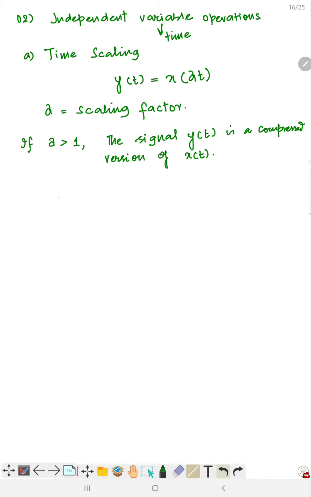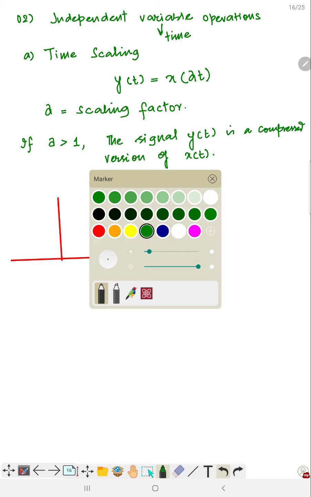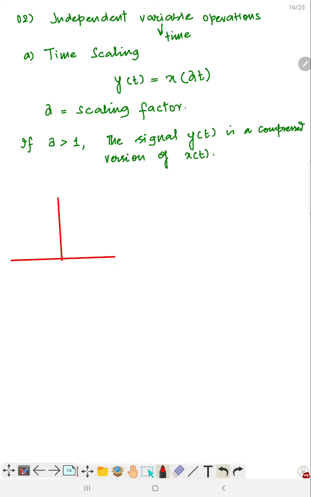Suppose I have a signal. This will be my time axis, this will be the amplitude axis, x of t, and let's suppose the signal is something like this. It is between two time intervals.